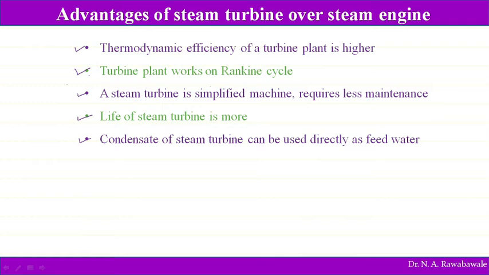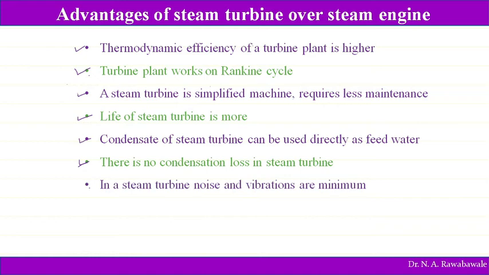So therefore it needs some sort of processing before supplying it to the boiler. Then there is no condensation loss in a steam turbine, whereas condensation loss is observed in case of a steam engine.